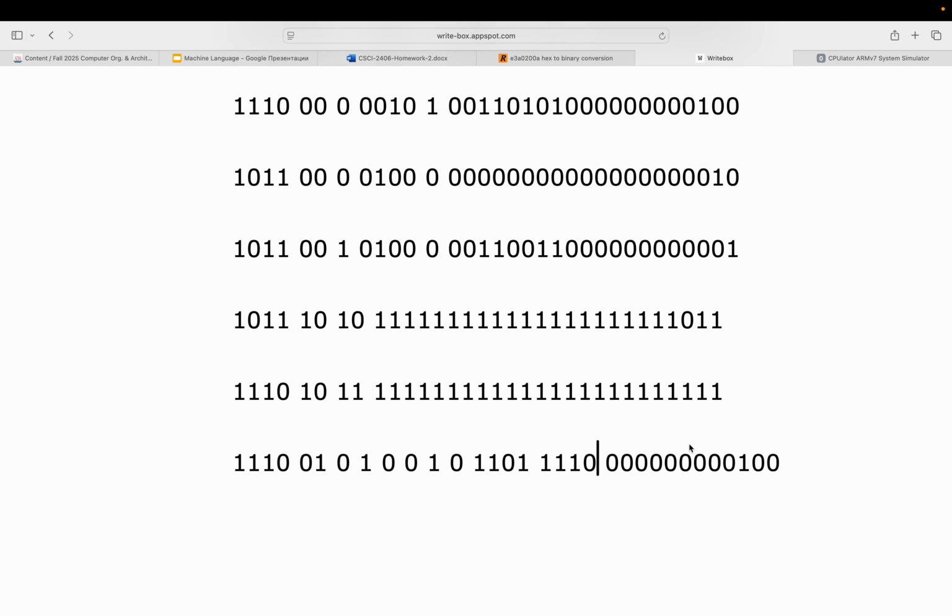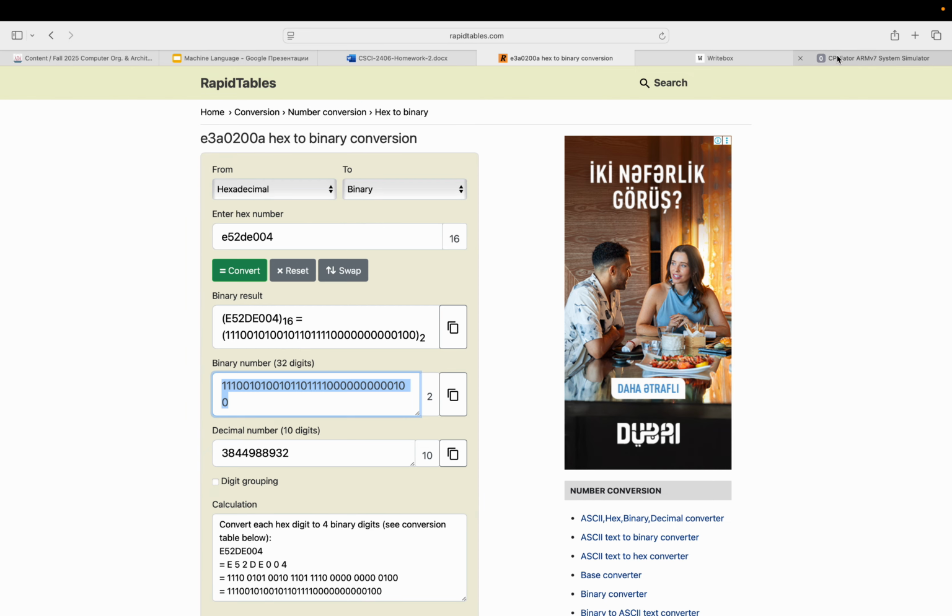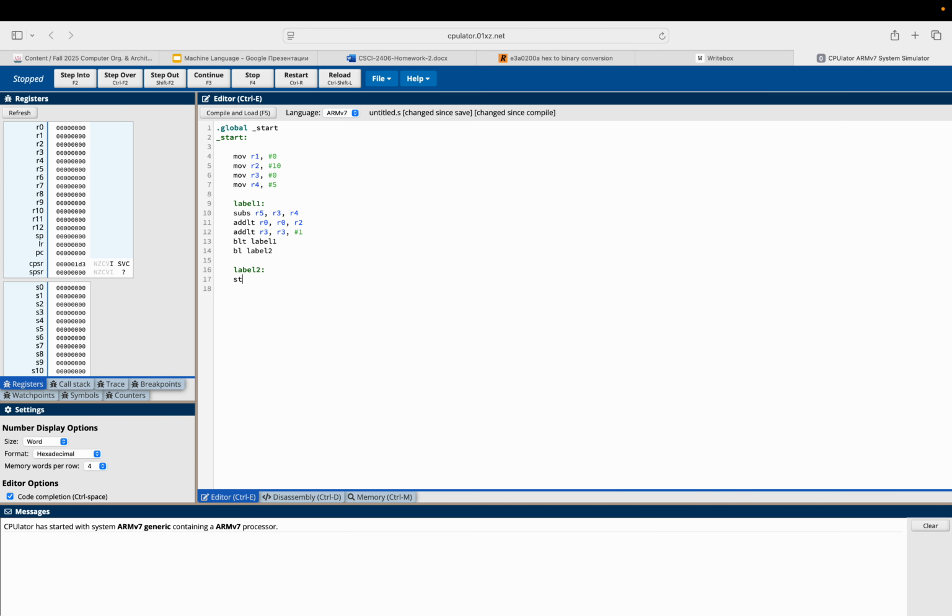Basically, guys, if we sum it up, what we have so far is STR, so let's write it down so that it's gonna be more understandable. STR LR, sorry, STR LR is B minus 4.